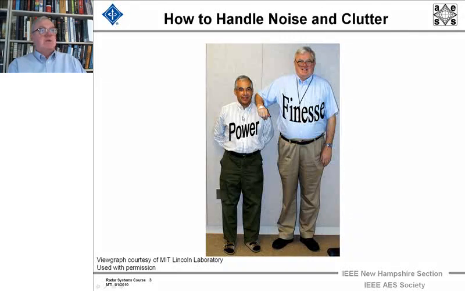Steve Wien is a great friend of mine. We were undergraduates at MIT together, and he thought it'd be great one time when he was teaching the radar equation lecture, and I was teaching some of the pulse Doppler material. There are 2 ways to get your signal to noise and clutter ratio up.